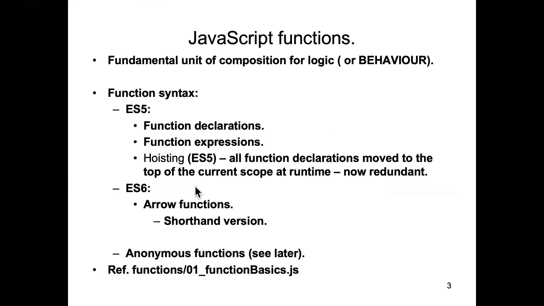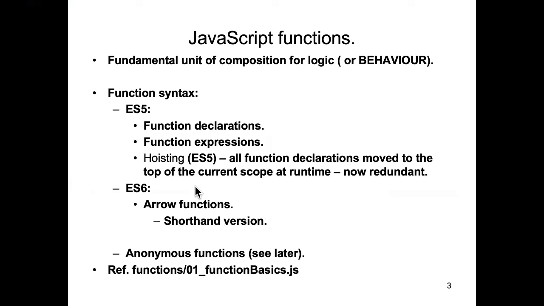So functions are how we encapsulate behavior as opposed to state. Objects are all about representing state, whereas functions are all about representing behavior. They are the fundamental unit of composition for logic in JavaScript, and they're natively built into the language.